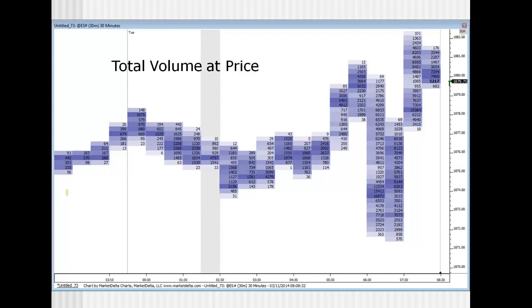All right. Now, here we have total volume at each price. So instead of a bid and ask, it's simply a lump sum number at each price level within the range of the bar, what the total volume was. Regardless of whether it was traded at the bid or the ask, this is the total volume. And again, one color, the blue, and the intensity of the color indicates intensity of volume.